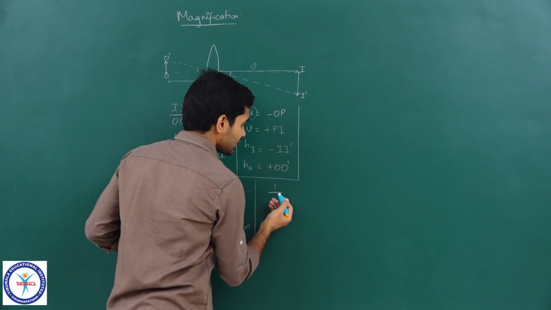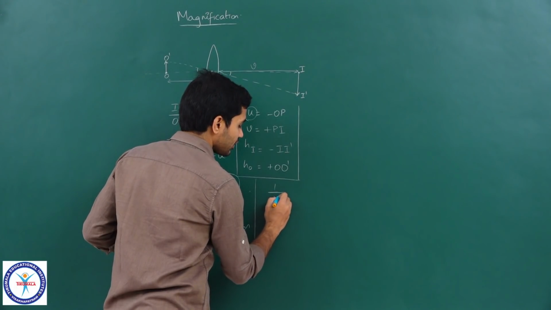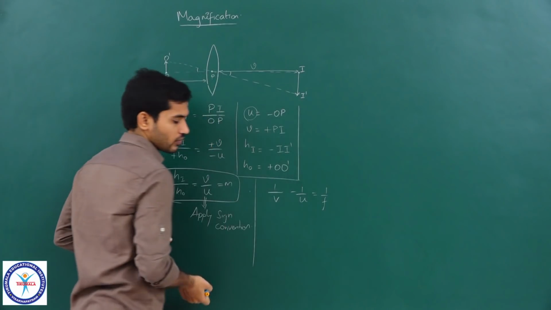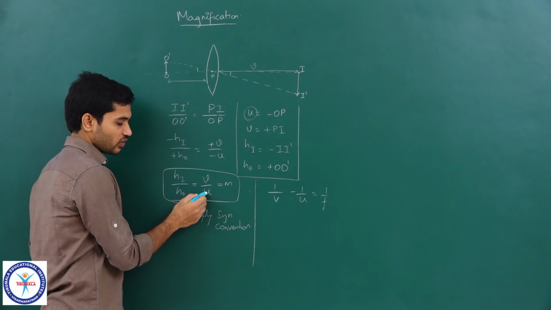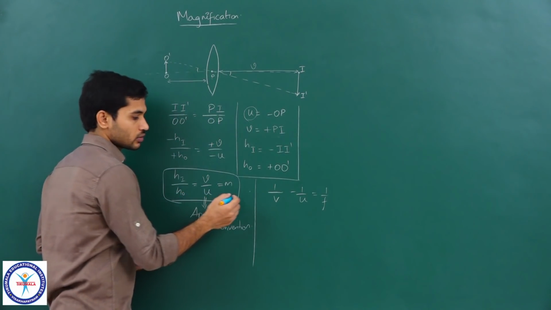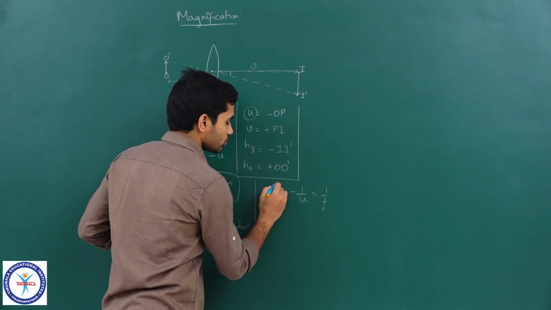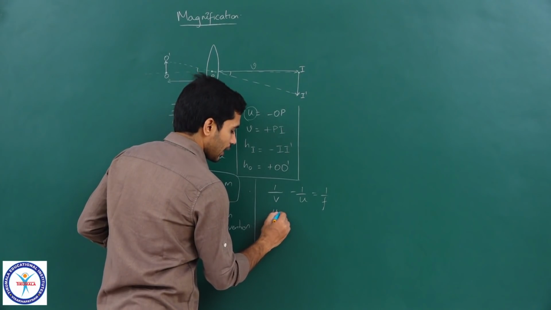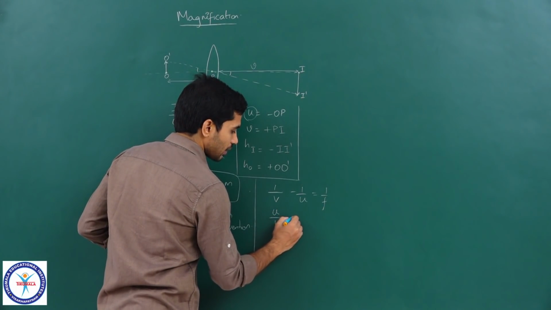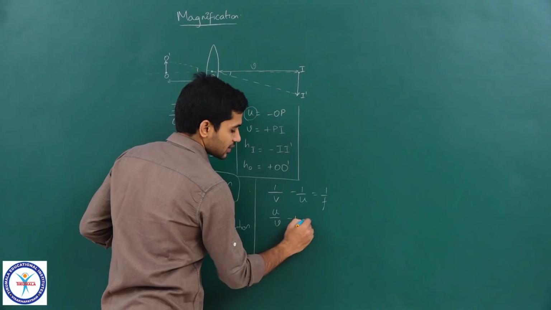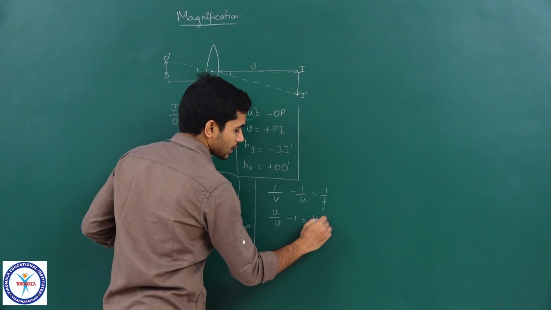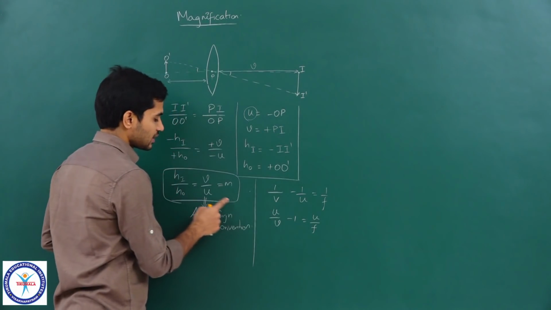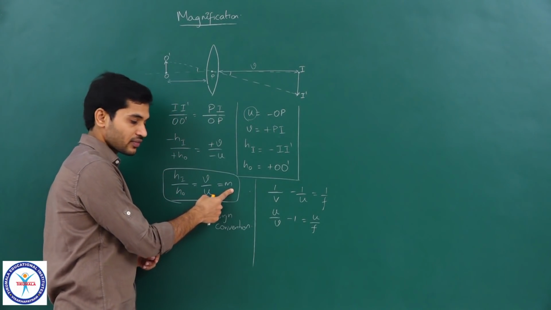The basic lens formula will be 1 by v minus 1 by u is equal to 1 by f. I need to find the value of v by u, right. So I will multiply both the sides with u. I get u by v minus 1 is equal to u by f. Here u by v is nothing but the inverse of magnification.